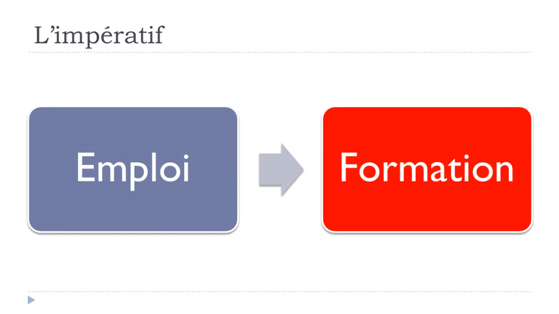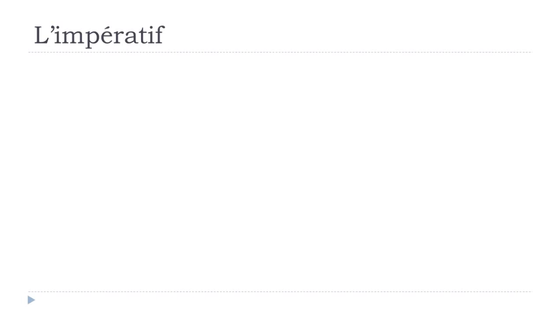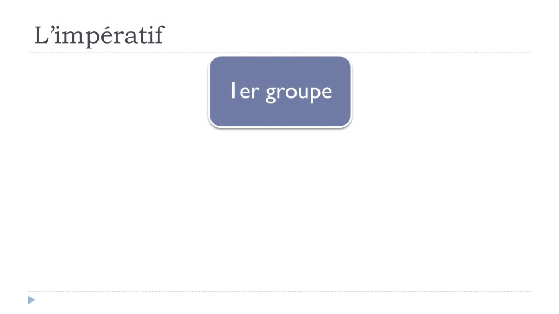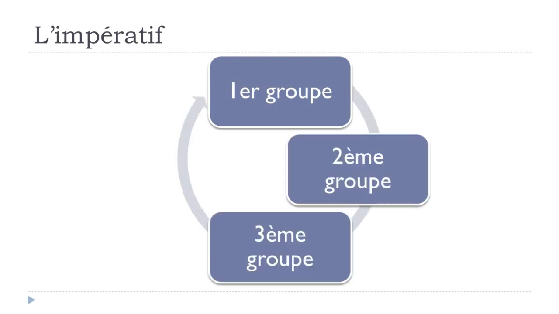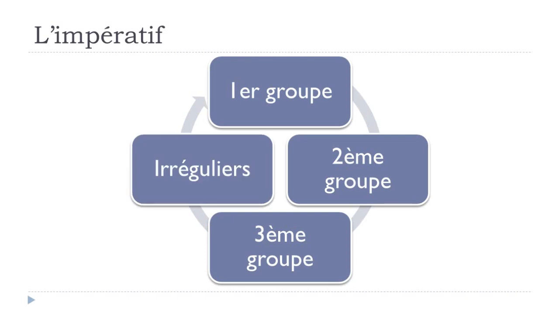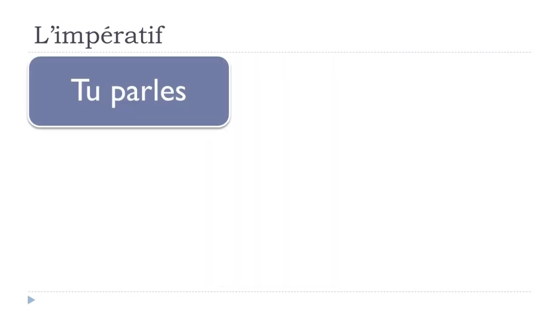Let's see now how we build this imperative form. We'll see first the premier groupe, then the deuxième groupe, and then the troisième groupe, and finally, of course, as usual, the irregular verbs. All right, so let's start with le premier groupe. Normally, the first group, and it's been that way so far, is the easy group because it is regular.